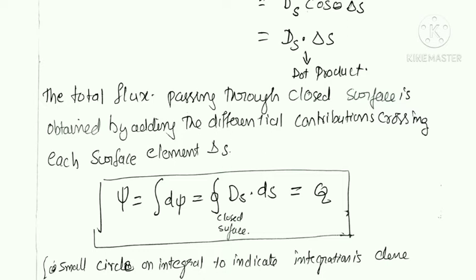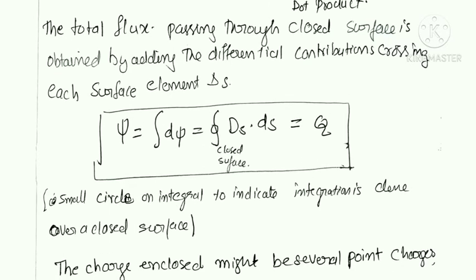The total flux passing through a closed surface is obtained by adding the differential contribution crossing each surface element delta S. So d psi is nothing but D dot dS, the dot product, where capital D is flux density and small dS indicates the differential surface area.